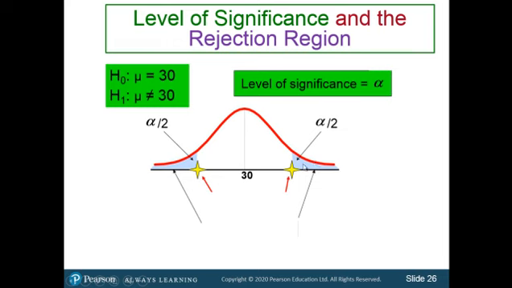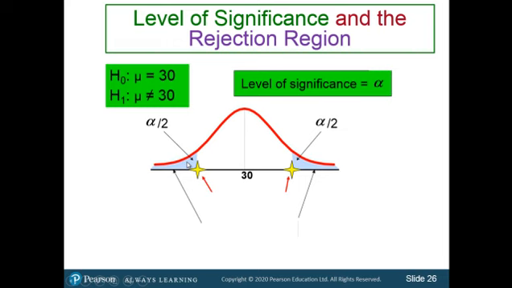The size of the rejection area depends on our level of significance. Since alpha represents the level of significance and we have two rejection areas, to calculate each area we have to divide alpha into two portions: alpha divided by 2 here on the right, and also alpha divided by 2 on the left.